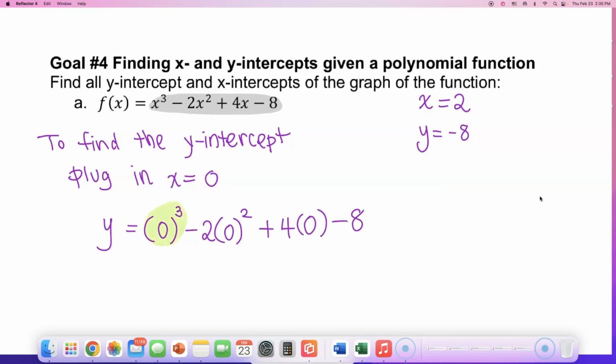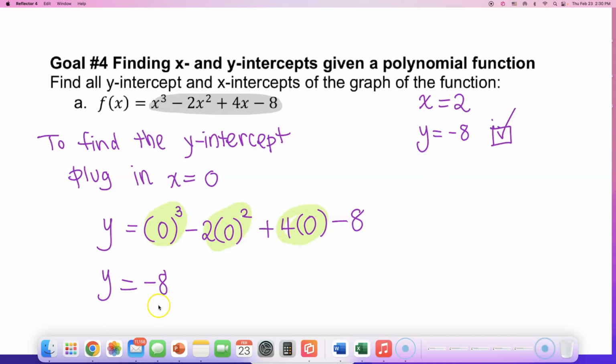That's going to turn into 0. That's going to turn into 0. And that's going to turn into 0. What's the only thing left that didn't turn into 0? Well, negative 8. So that's how we can confirm that the graphing calculator was right. The y-intercept is at y equals negative 8.